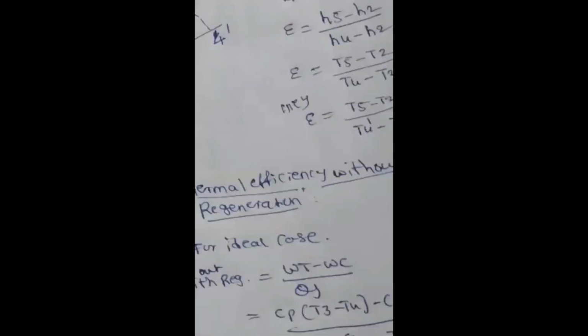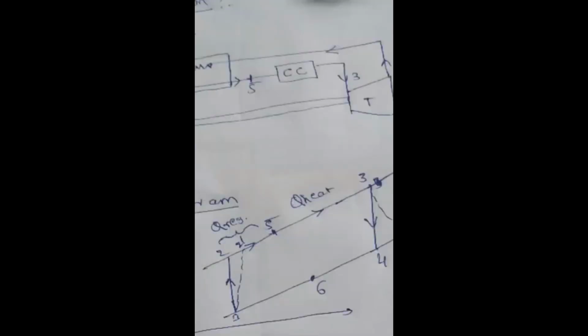Now one more important thing here: effectiveness. We need to concentrate on the effectiveness of the heat exchanger or regenerator, and how to calculate it. Sometimes they may give the effectiveness of the regenerator.